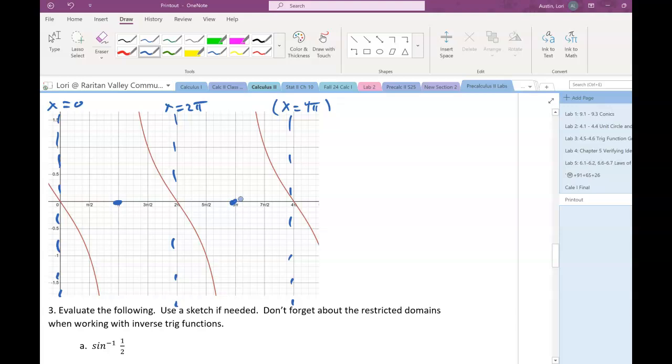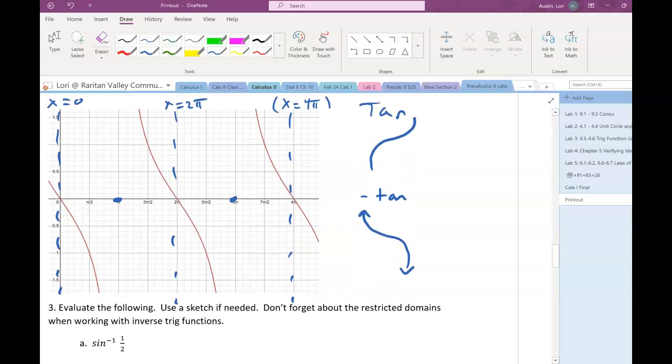Now, cotan goes kind of the opposite direction of tan. Remember, your tan graph typically goes like this. Negative tan goes like this. This is a negative tan function.